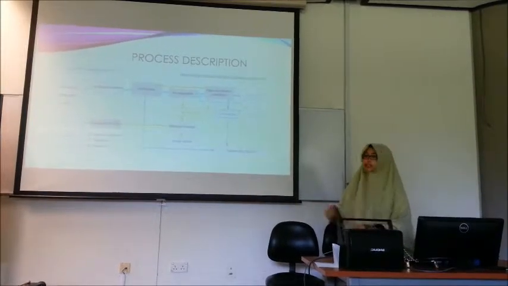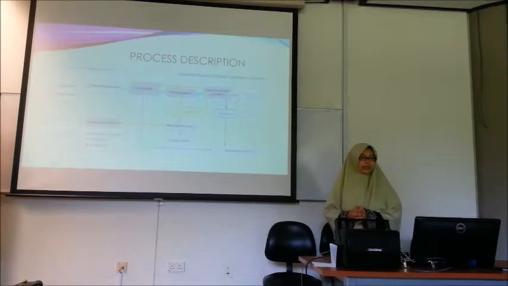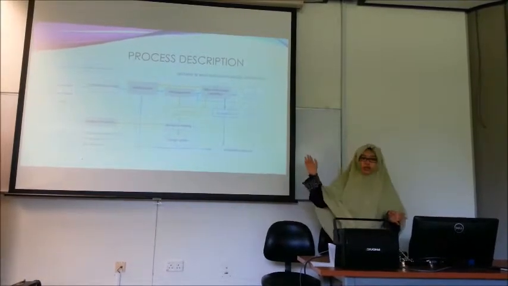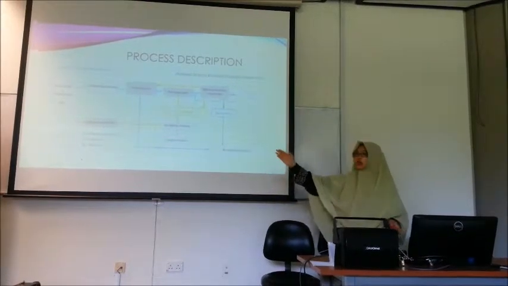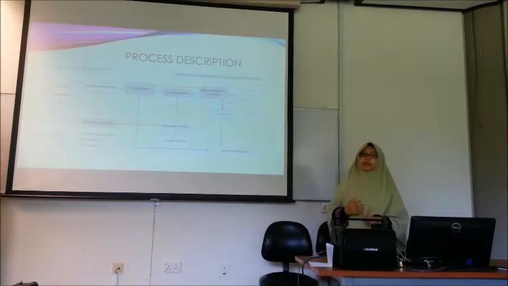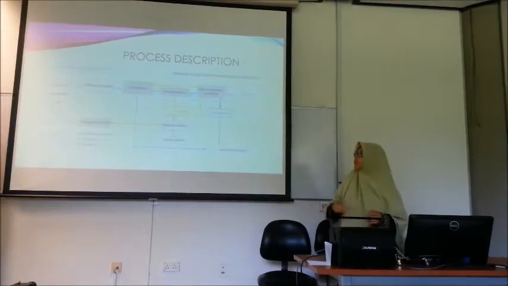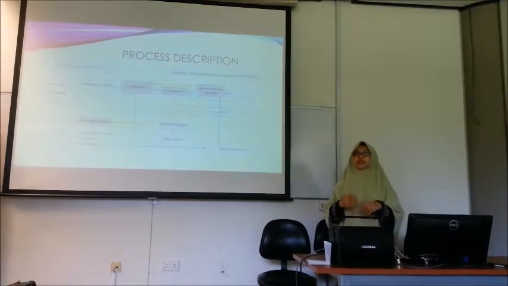Next, this is the process description of the wastewater treatment. Basically, the wastewater, rinsing water and lye will go through a mechanical bar screen by automatic vacuum pump for a preliminary cleaning. What is preliminary cleaning?